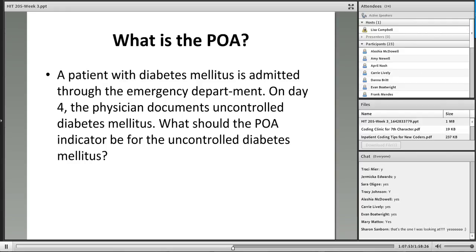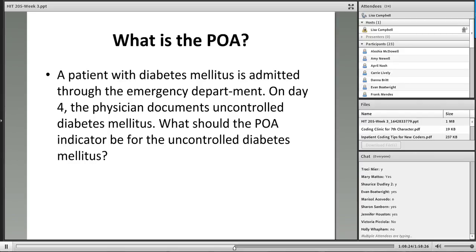Patient with diabetes mellitus is admitted through the emergency department on day 4. The physician documents uncontrolled diabetes. What's the POA indicator for uncontrolled diabetes? So, was the diabetes uncontrolled when she was admitted?